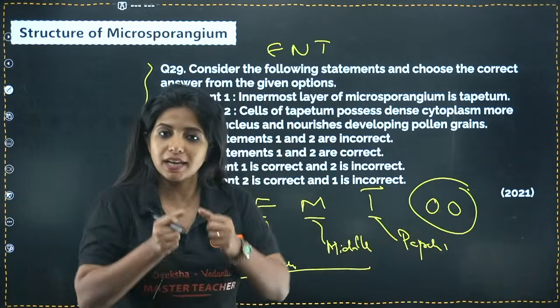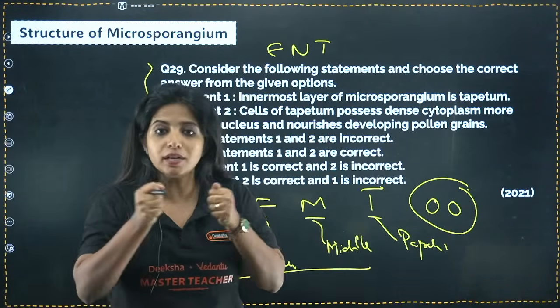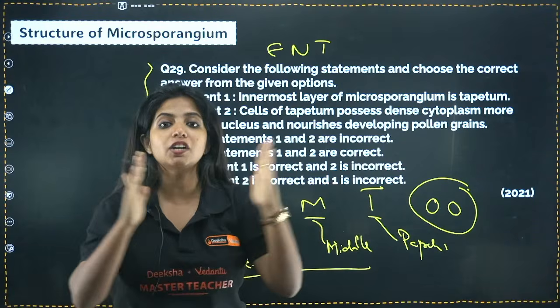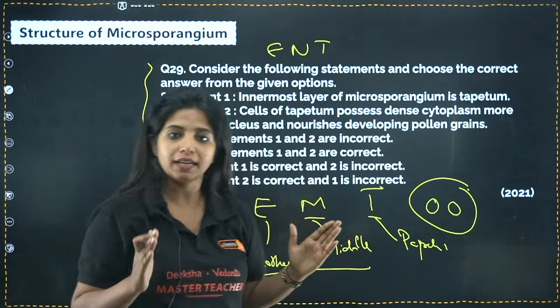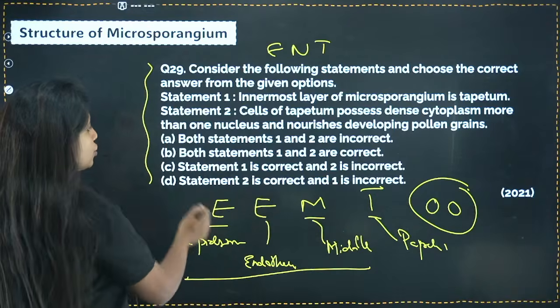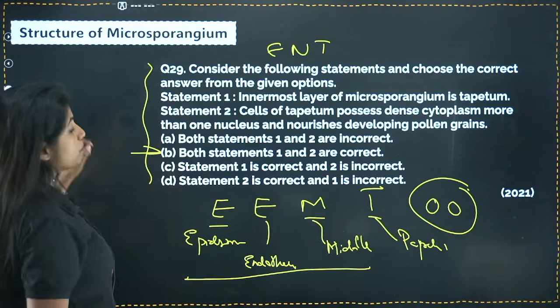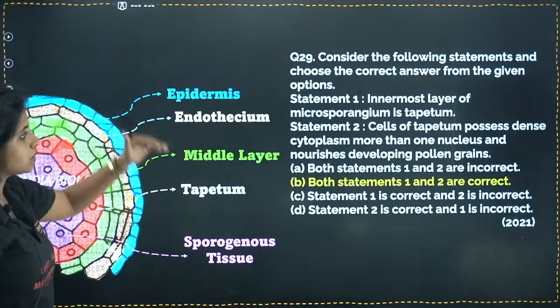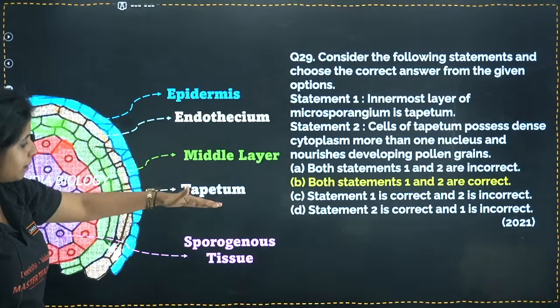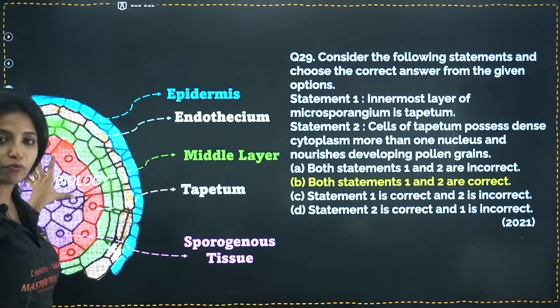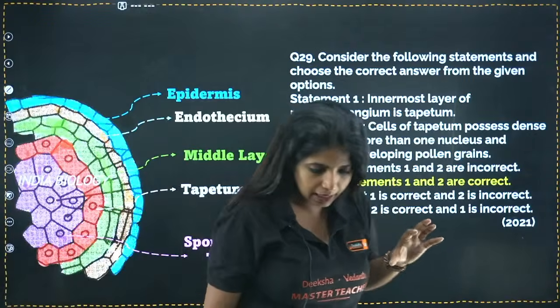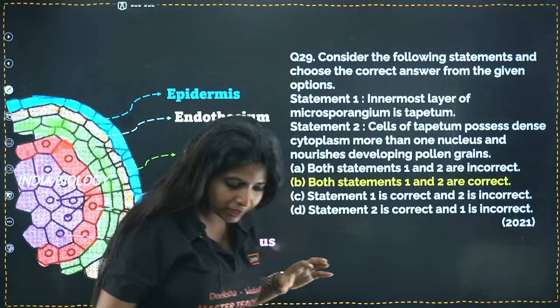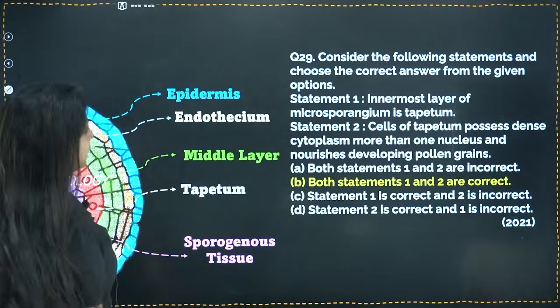Why? Because karyokinesis took place. The nucleus has divided, but the cell division did not take place. So we say it is a binucleated condition. Both the statements are correct because that is what is mentioned here, and this is how it looks. Epidermis, endothecium, middle layer, and then tapetum. Then you have sporogenous tissue where you have so many microspore mother cells. So you were correct when you said the answer is B.